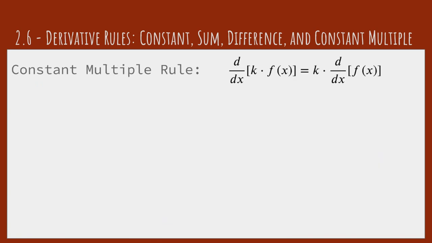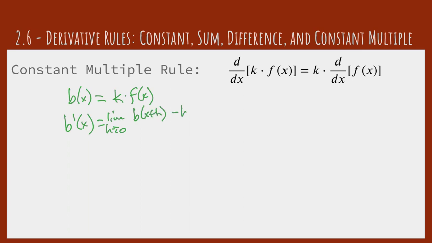Last rule, the constant multiple rule, I'm going to do the same thing. So I'm going to say, I'll use b of x here since I already used a of x. So b of x is going to be k times f of x, and I want to take the derivative of b. So it's going to be the limit as h approaches 0 of b of x plus h minus b of x all over h.